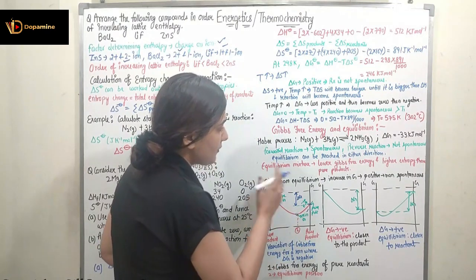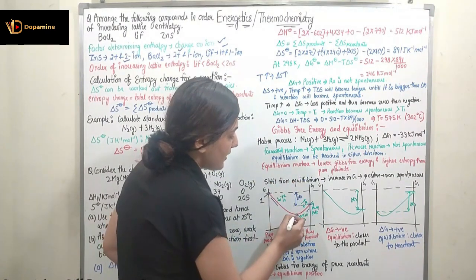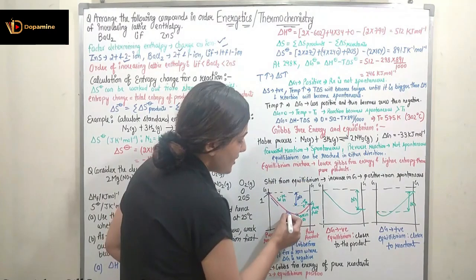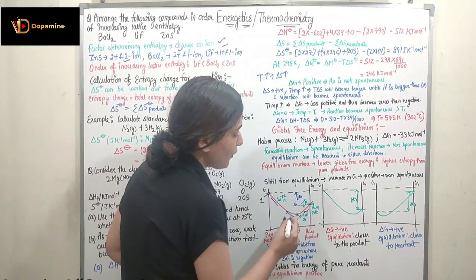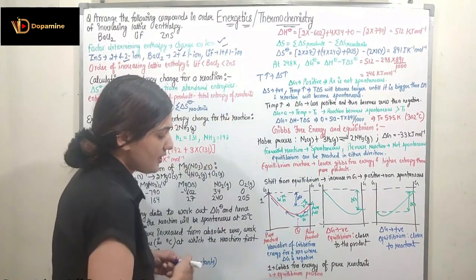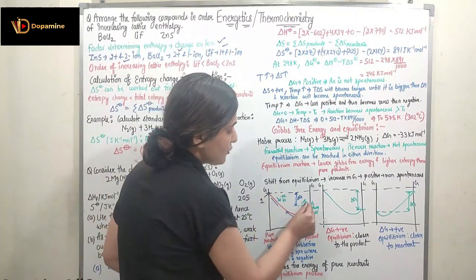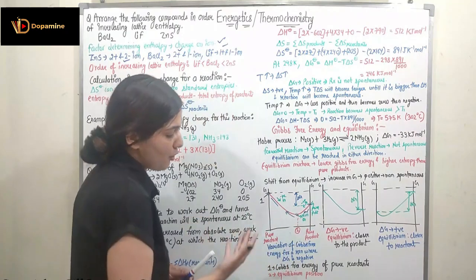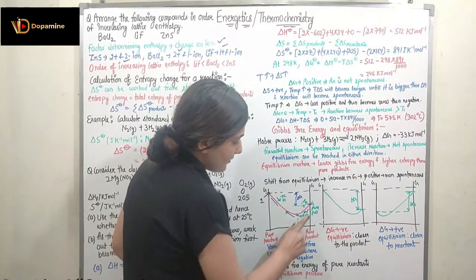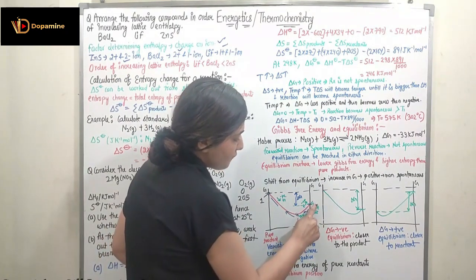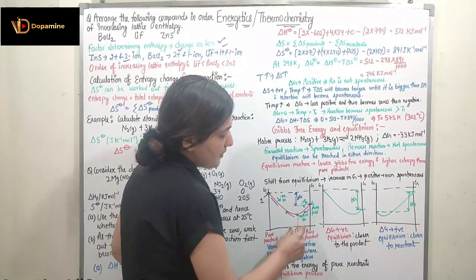So equilibrium will be lowest here, and if I shift from here, G is increasing in both directions, right? Here 1 represents the Gibbs free energy of pure reactants, and 2 represents the Gibbs free energy of pure product.